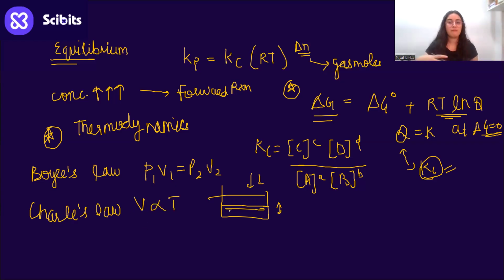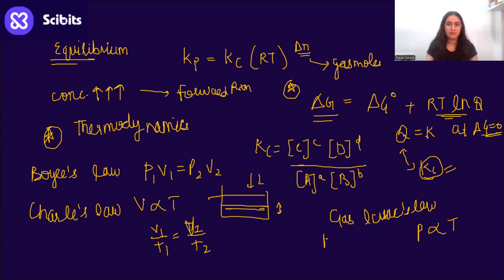When you increase the temperature of a gas, it will expand because it will have more kinetic energy. So it's V1 by T1 is equal to V2 by T2. And there is one more law, Gay-Lussac's law, which says pressure is directly proportional to temperature, meaning P1 by T1 is equal to P2 by T2.